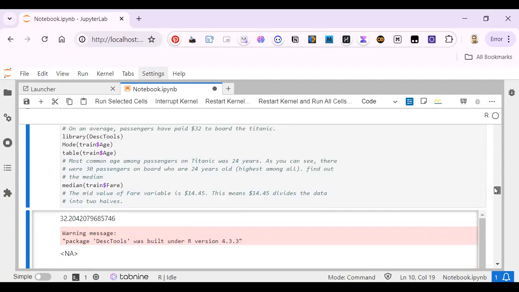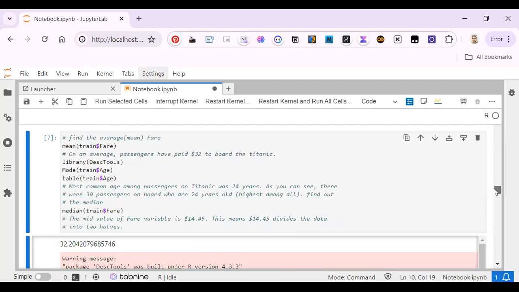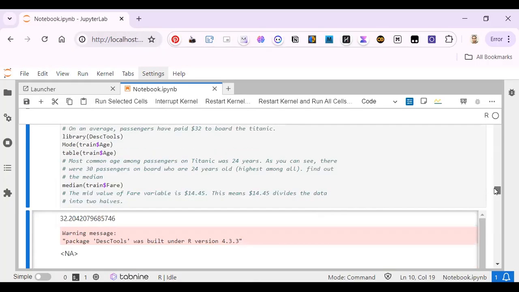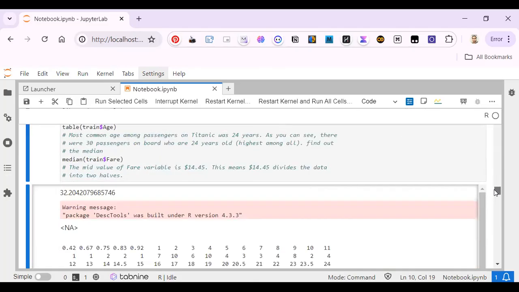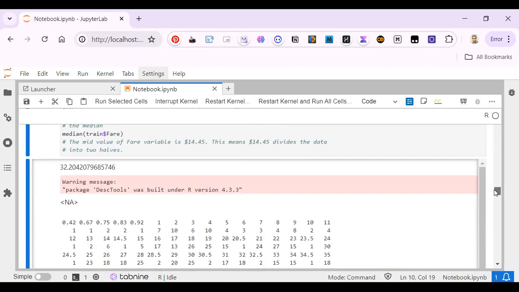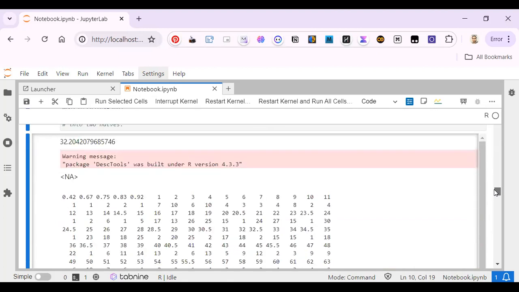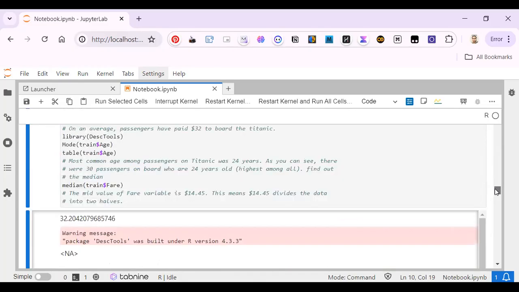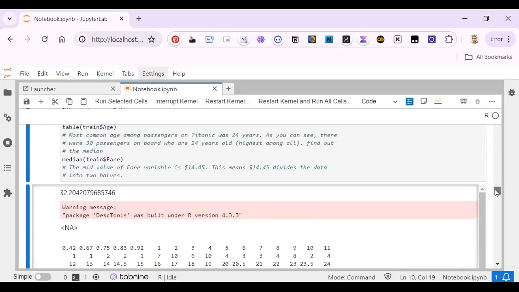Since the tool is present in others, that is the reason we are not getting it directly. But in other versions, if you want to, you can download it from CRAN and install it. That's also fine. And here, okay, mode we are asking, the most repeatable mode, if you go ahead with some names.